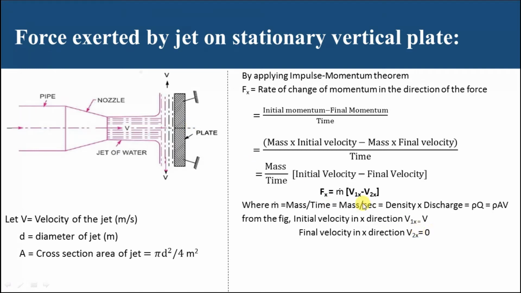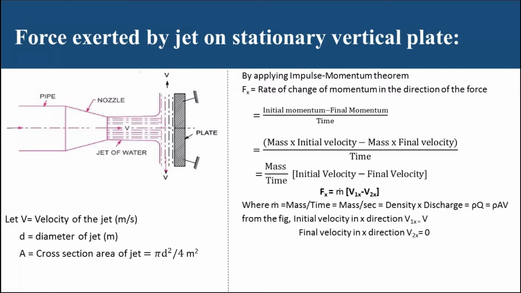Here we are just going to consider the magnitude of velocity before impact in the x direction and after impact in the x direction. So the initial velocity in the x direction v1x is V, and the final velocity in the x direction v2x is 0, because after the impact the fluid is not flowing in the x direction.